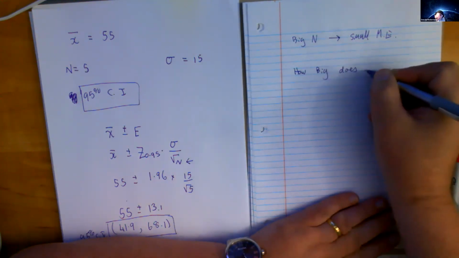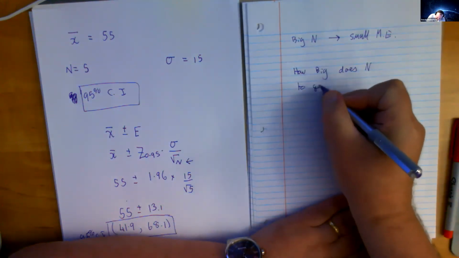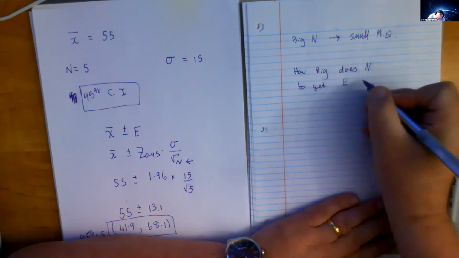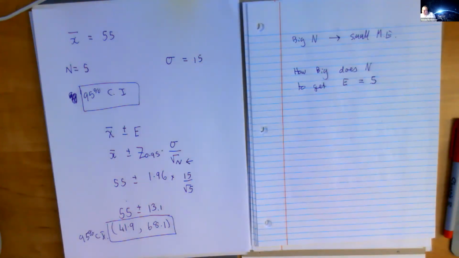So imagine the question is, how big does your sample size have to be to get a margin of error equal to, say, 5? So he wants to know how many students he should pick so that when he does this, it's going to be 55, give or take 5, right? Or whatever the answer happens to be.